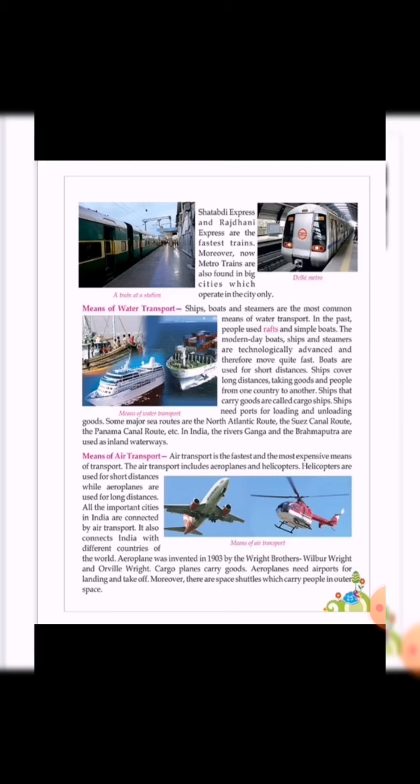Children, you know that in your KG classes also teachers must have asked you to name the means of water transport, and what you tell is boat, steamer, ship. But in the earliest time, during the early humans' time, the means of transport were rafts and boats.